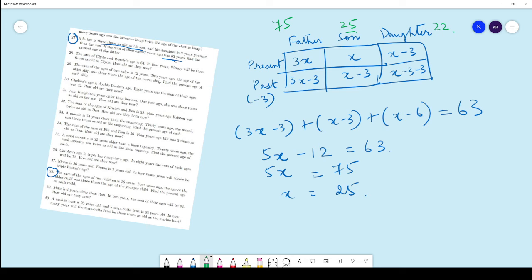Now let us see if this part, 3 years ago the sum of their ages was 63, is true. Let us see if it is true. So 3 years ago, just a minute, daughter is 3 years younger, 3 times as old as is the sum of their ages. 3 years ago was 63 years.